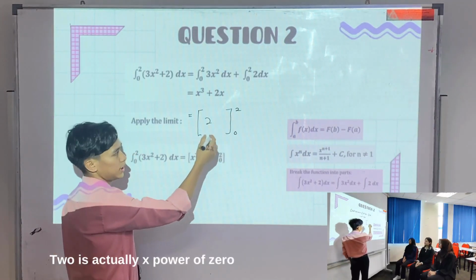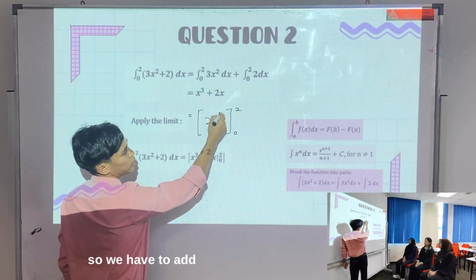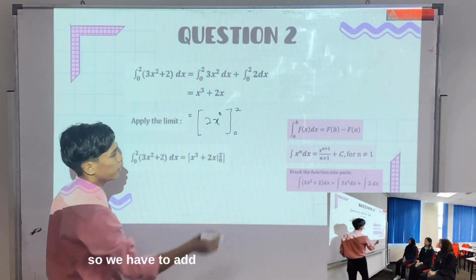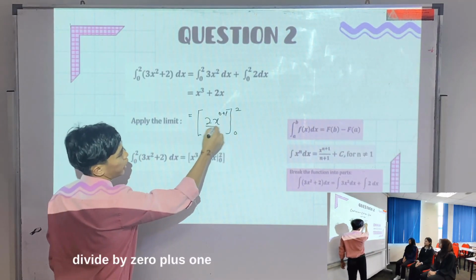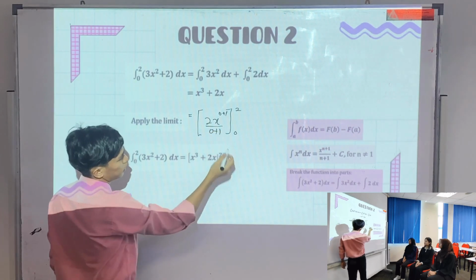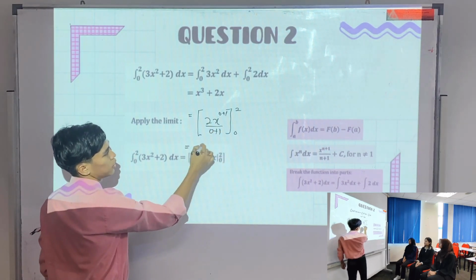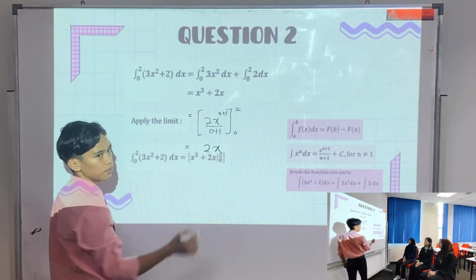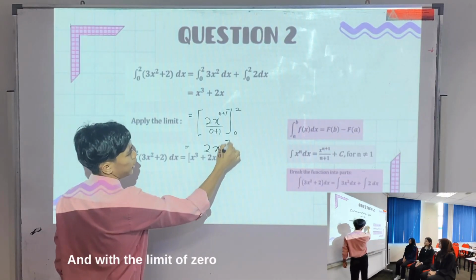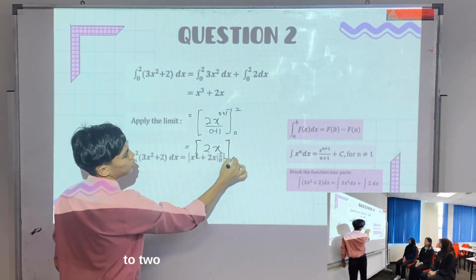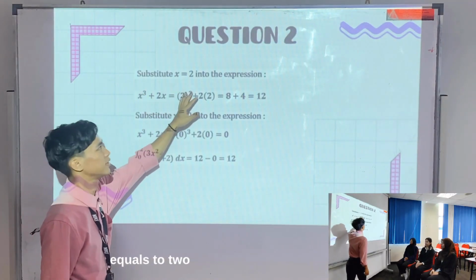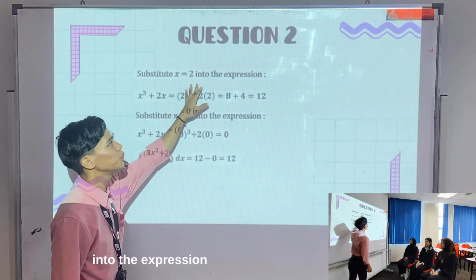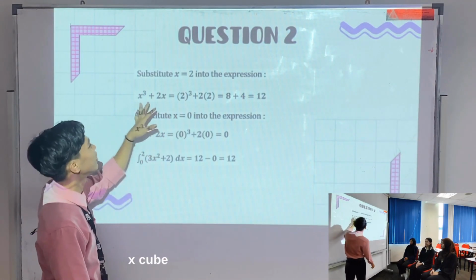2 is actually 2 times x to the power of 0. So we have to add 1 to the power and divide by 0 plus 1, resulting in 2x, with the limit of 0 to 2. So we have to substitute x equals 2 into the expression.